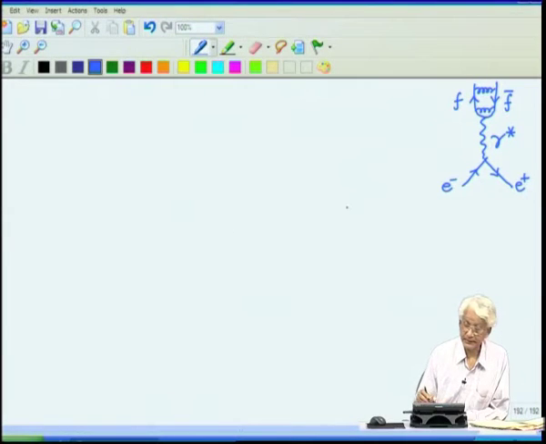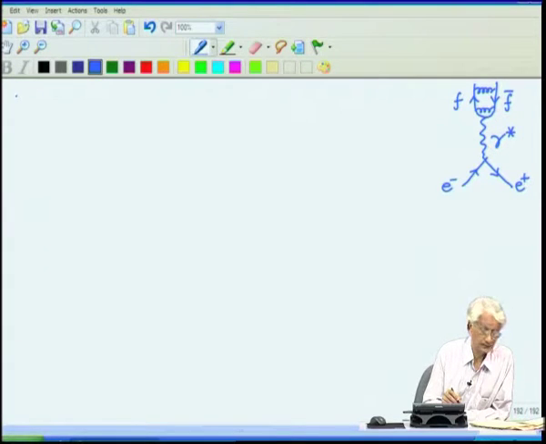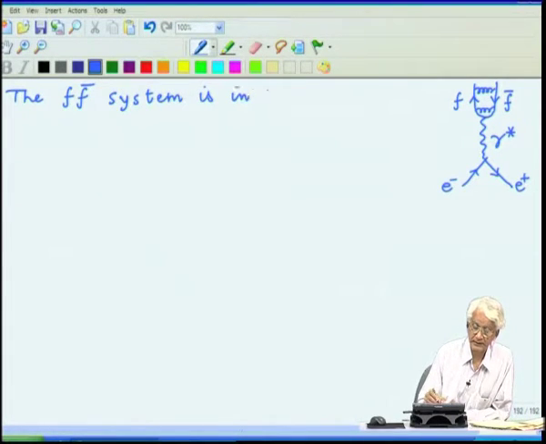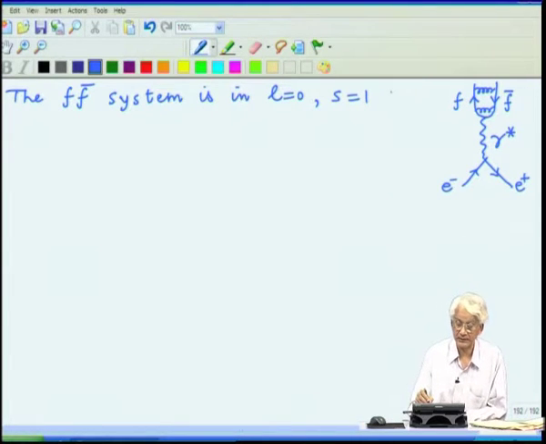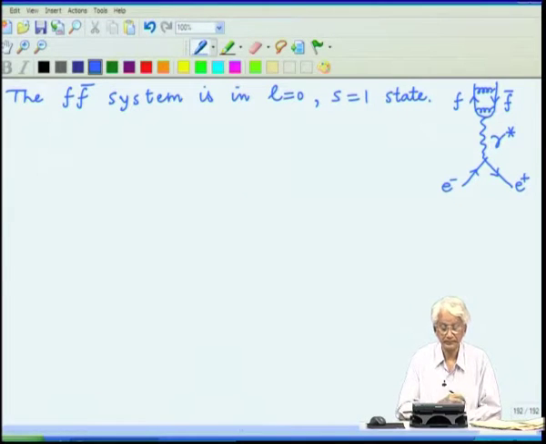And in this case, the F F bar system is in L is equal to 0, S is equal to 1 state. We have assumed that the system is non-relativistic. So, L and S can be specified separately.